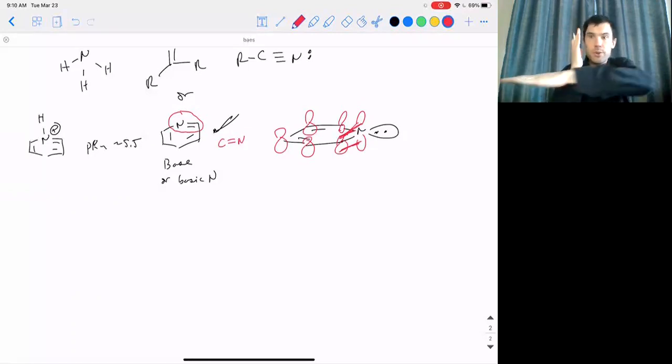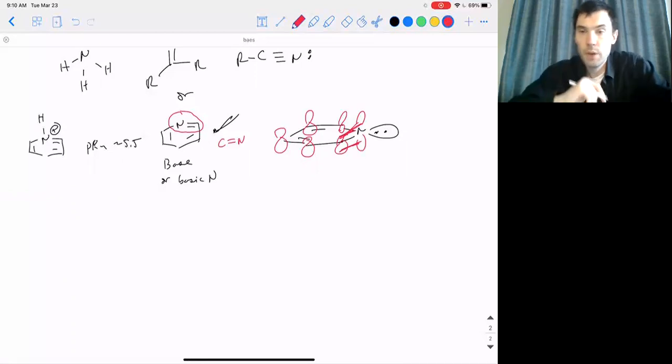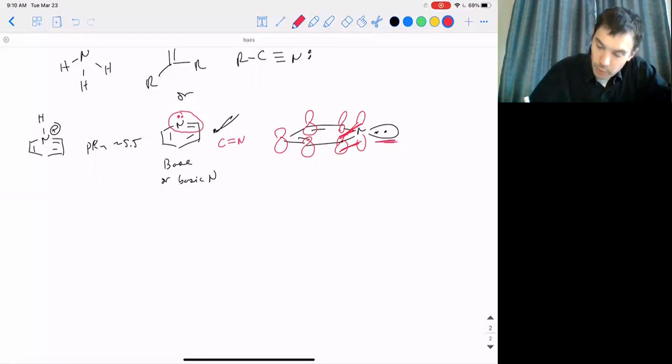The pi cloud is always going to be orthogonal to that sigma framework. In this case, that N lone pair is part of the sigma framework, so it's actually in an sp2 orbital. It's not part of a pi system or pi orbital. Because of that, it's pointing out of the ring, and it is available to engage H+ in an acid-base reaction.